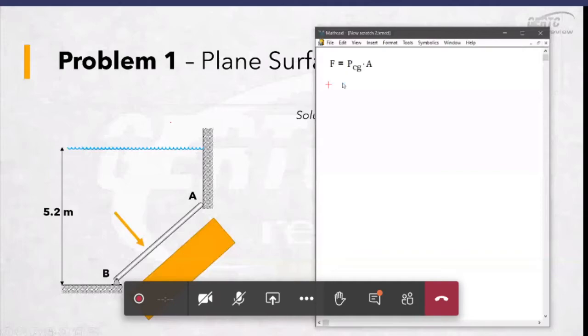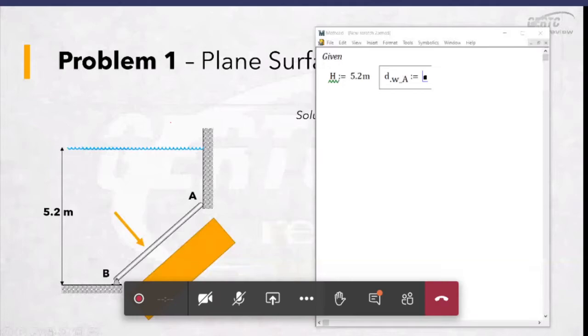All right. So with this formula, let us solve the problem here. Take note, guys, we have the given overall depth of water, which I will call H. That is 5.2 meters. And we have the depth of water at A. Let me check once again.